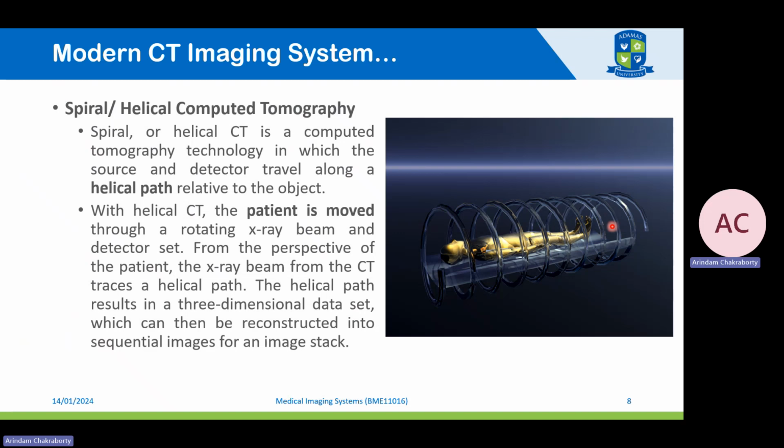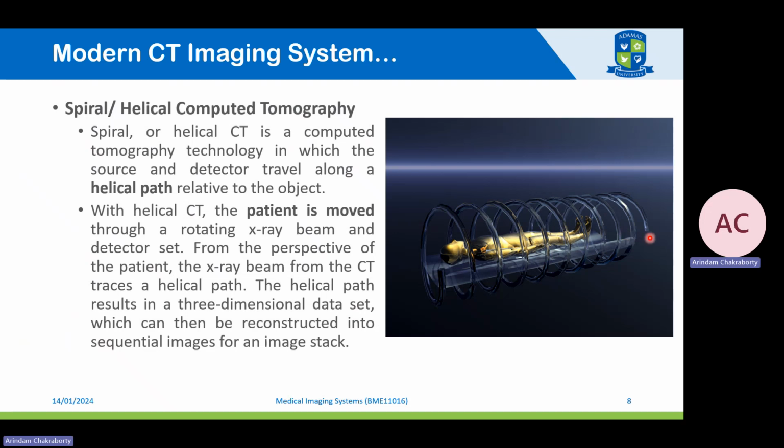So this helical path, what additional benefit does it provide? This helical path generates a three-dimensional data set which can be reconstructed into several sequential images for generating the 3D structure. So what is the basic difference as compared to fourth generation or third generation CT that I discussed?